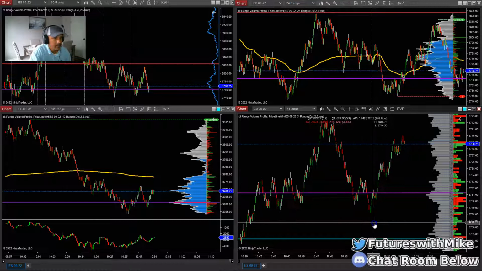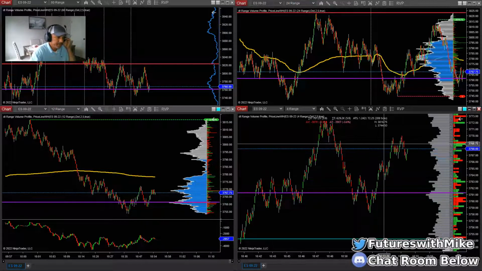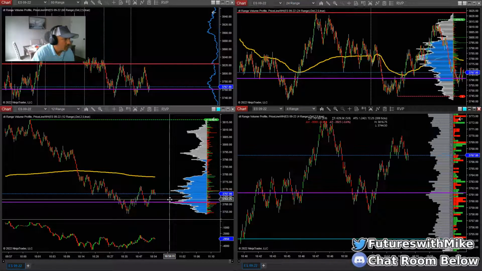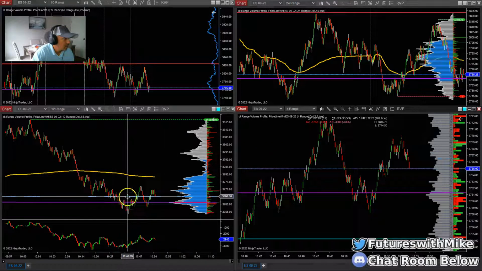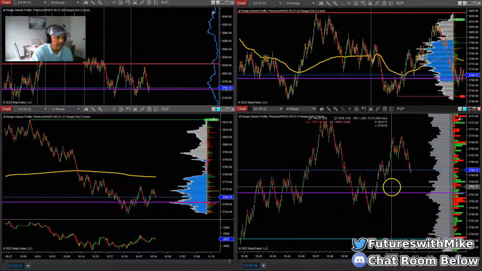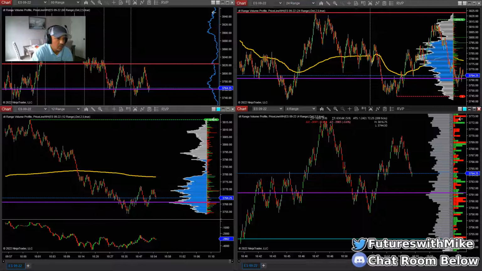Yeah, I like this. Well, let's see. Price could reject this area here, looking at the full range, but it could come lower though.